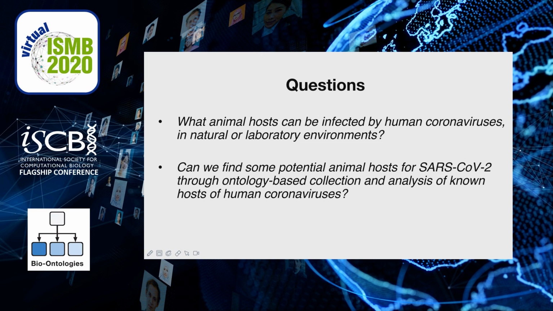Hosts can be infected by human coronaviruses in natural or laboratory environments, and through ontology-based collection and analysis of known hosts of human coronaviruses, we found some potential natural and intermediate animal hosts for SARS-CoV-2.